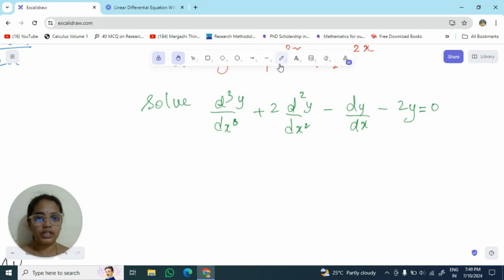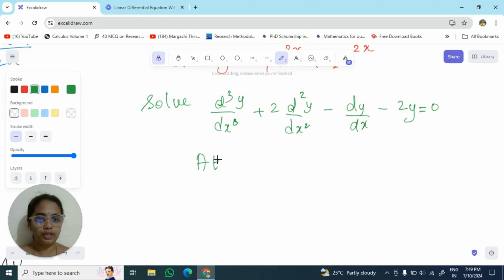So what would our auxiliary equation be? Our auxiliary equation would be m cube plus 2m square minus m minus 2 is equal to 0.